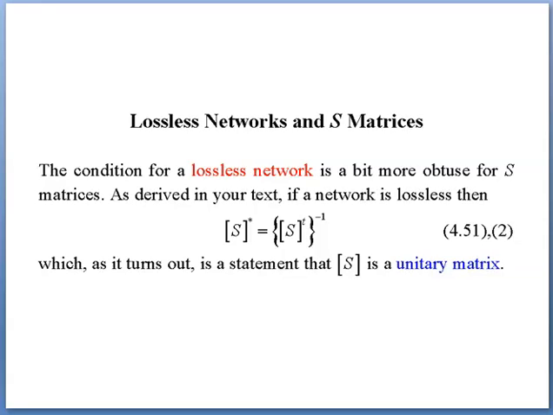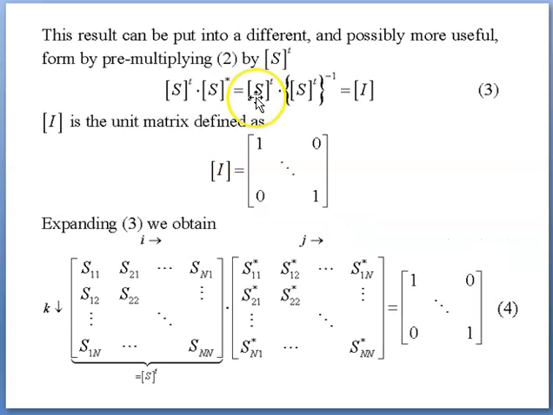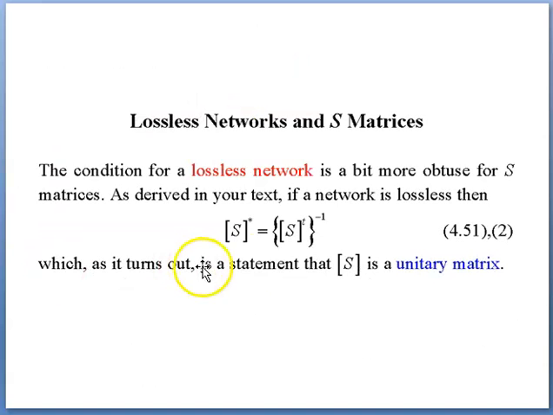For a lossless network, the condition for S matrices is a bit more obtuse. You will have a lossless network when your S conjugate is equal to the inverse of your S transpose. This result can be put into a different and possibly more useful form by pre-multiplying equation 2 by S transpose. So here you have S conjugate is equal to the inverse of S transpose.